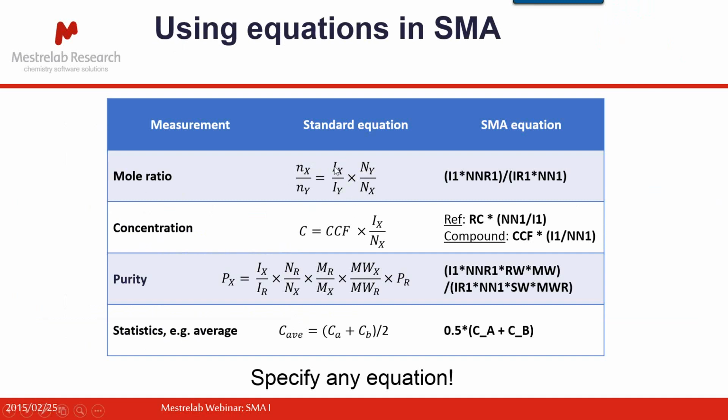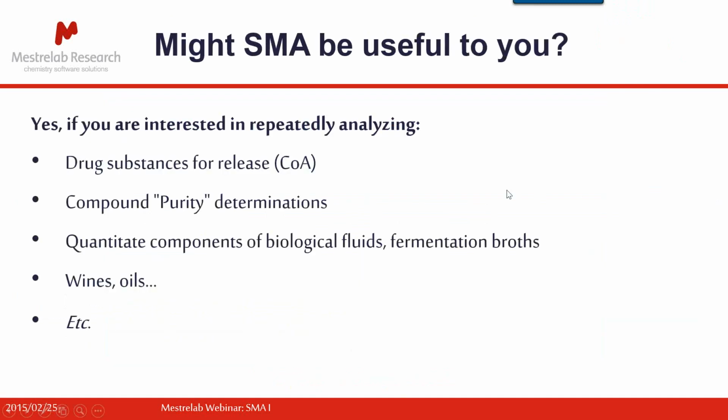I is the integral, N is the number of nuclides in all of these equations. I've put the textbook equation in the middle, and on the right I've put the type of equation that you'll use when you specify this inside SMA. So you can see that they're not hugely horrible equations, and you just have to get to know them a little bit. And we provide lots of help in that area.